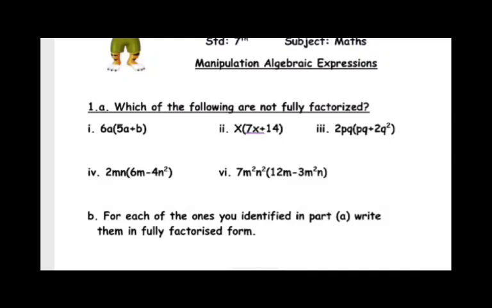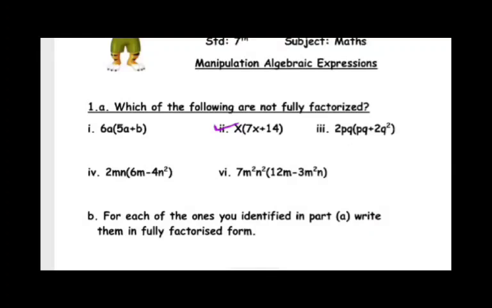So if you see 7 and 14, this 7 can be brought outside the bracket. Yet this will also further reduce. So for me, this one is not fully factorized.